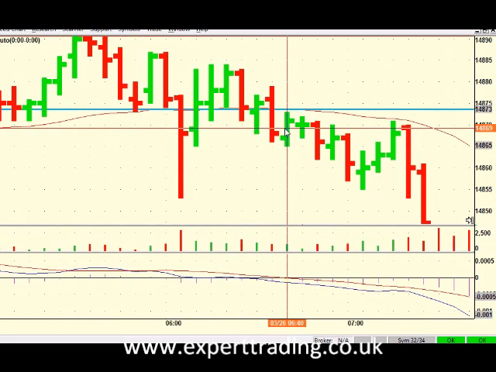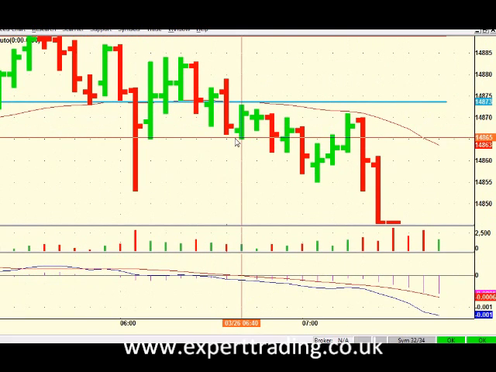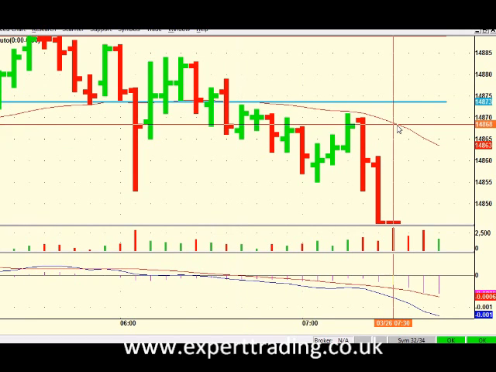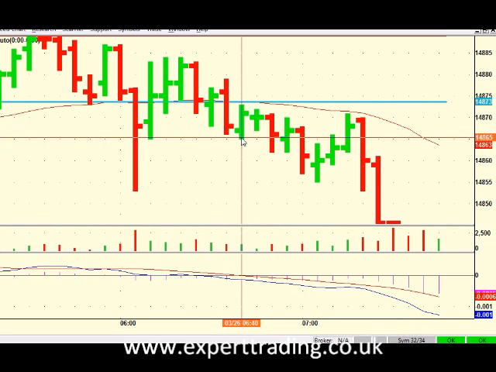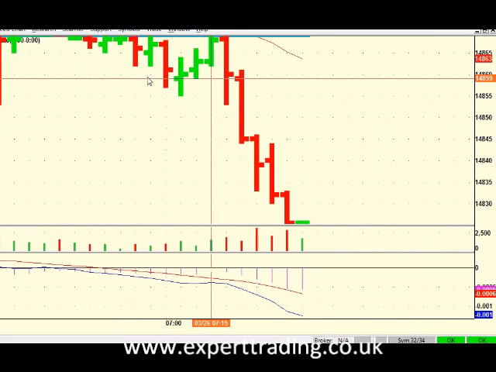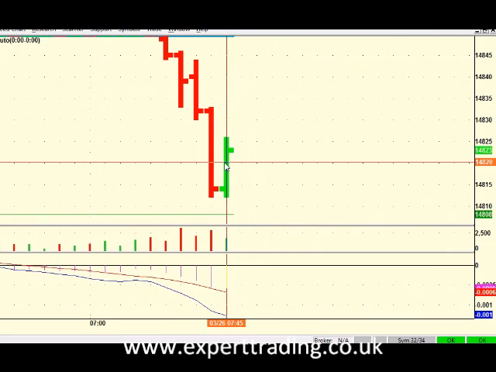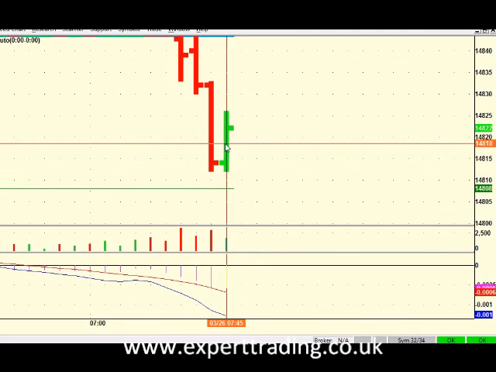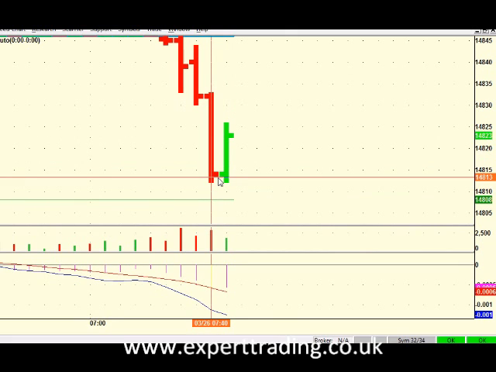But I re-entered here on the break of the pivot and confirmation of penetration on this bar. As you can see, this bar closed below the pivot and below the 50 period moving average, and then it got broken on this bar and then it moved down. And so we exited here near the midpoint. As I came here and I saw the bounce back up, I exited the trade for 49 pips.